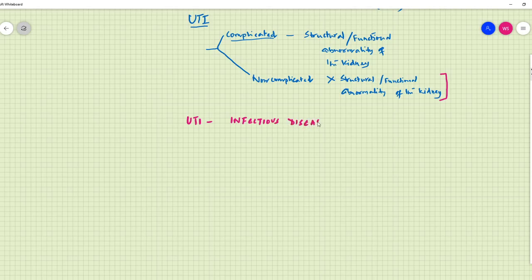Now, because it is an infectious disease, there is something called an epidemiological triad, meaning there are three factors that are involved in the pathogenesis of the disease. One is the agent, the other is the host, and the third one is the environment.